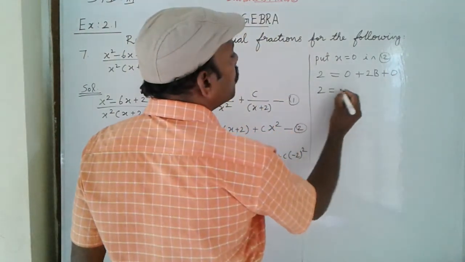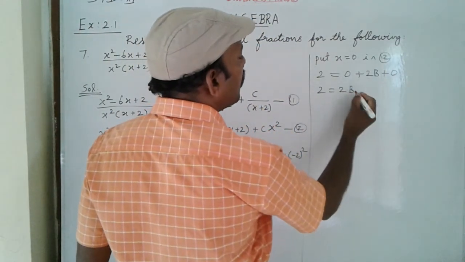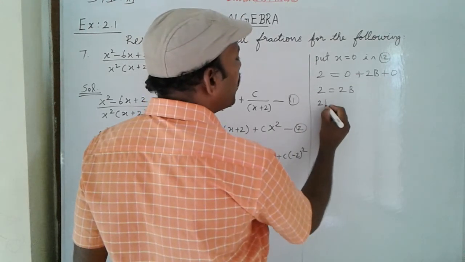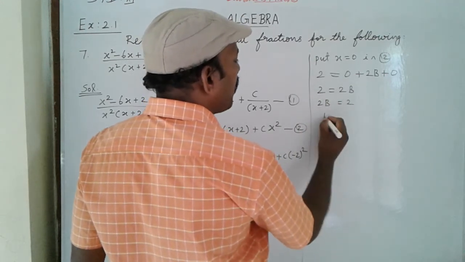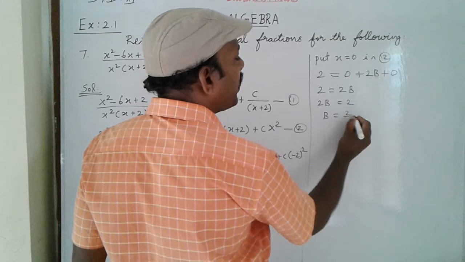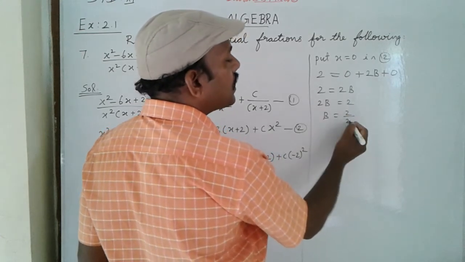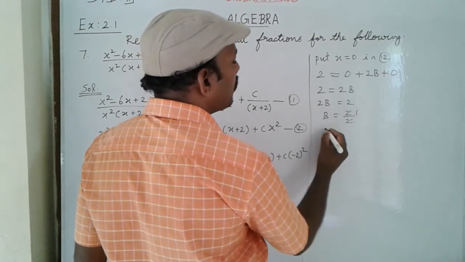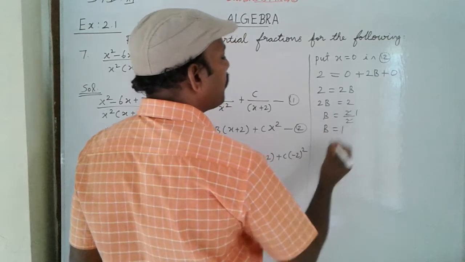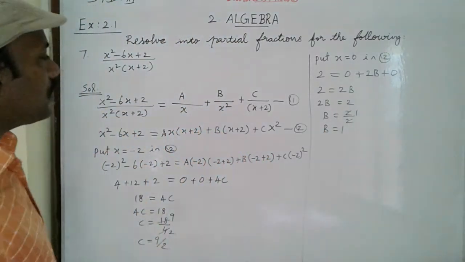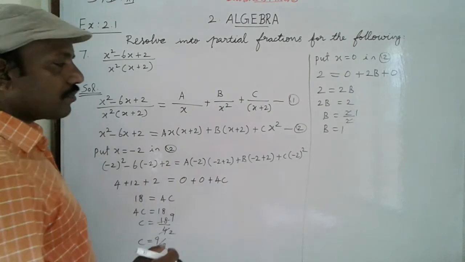So 2 equals 2b, so 2b equals 2, b equals 2 divided by 2, cancelled one time, b equals 1.